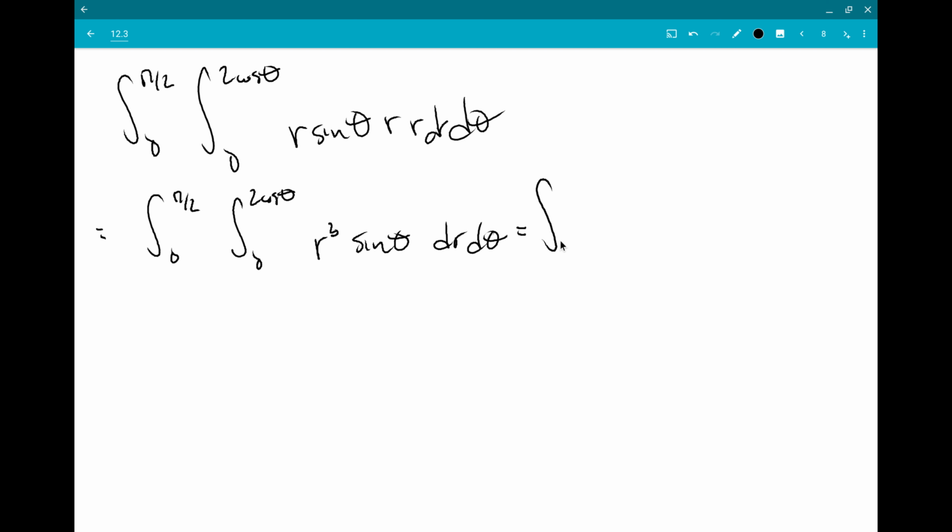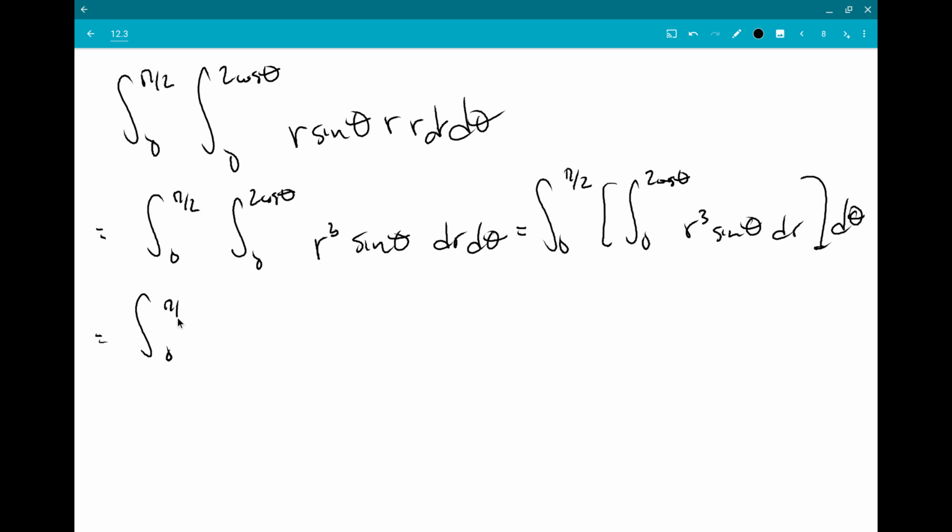And so we're going to evaluate the innermost integral first. 0 to 2 cosine theta, r cubed sine theta with respect to r. So the sine theta may as well be a constant, so I'll go ahead and pull it out. And then r cubed becomes 1/4 r to the 4th, evaluated from 0 to 2 cosine theta.